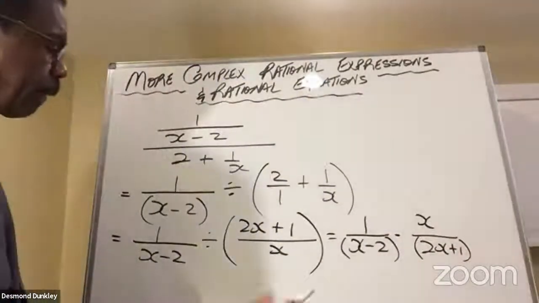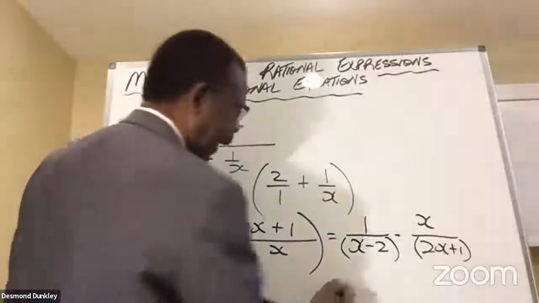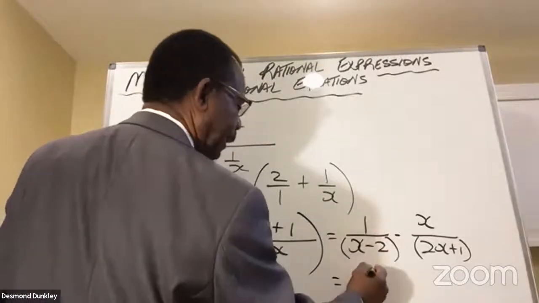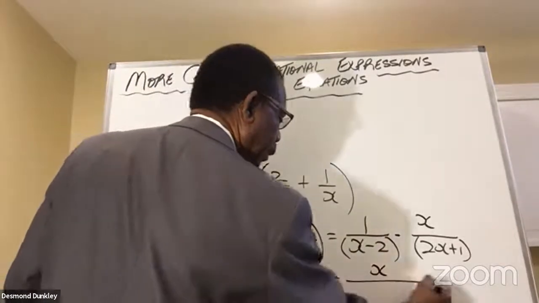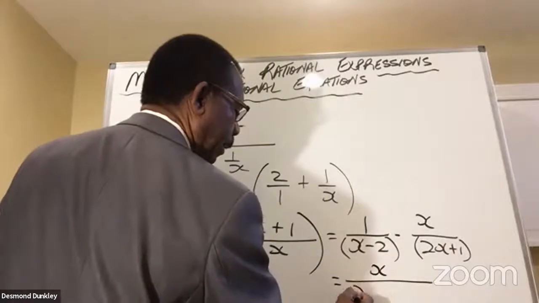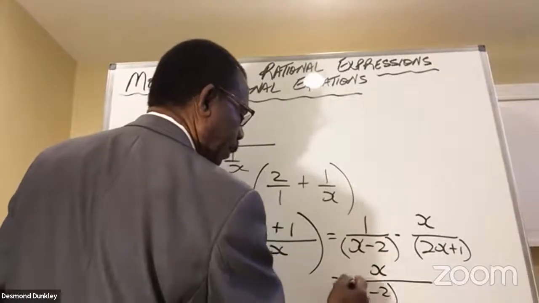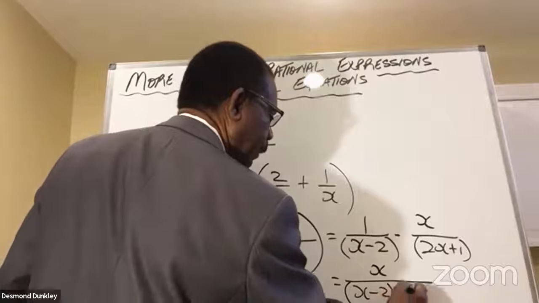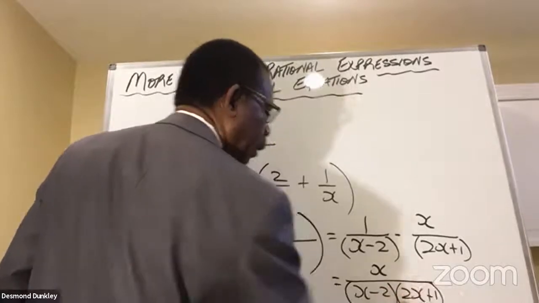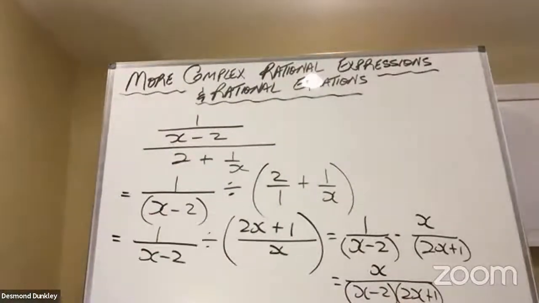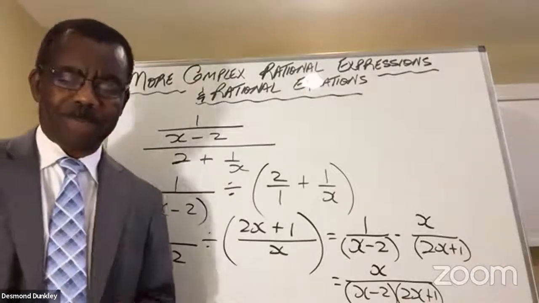Okay, so the final answer is going to be 1 times x, which is x, and then put these two together, x minus 2 times 2x plus 1. That will be the answer for this question.